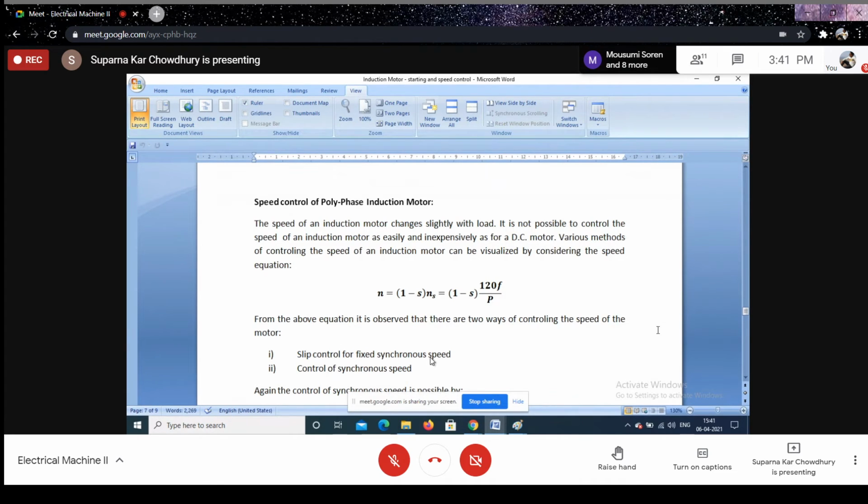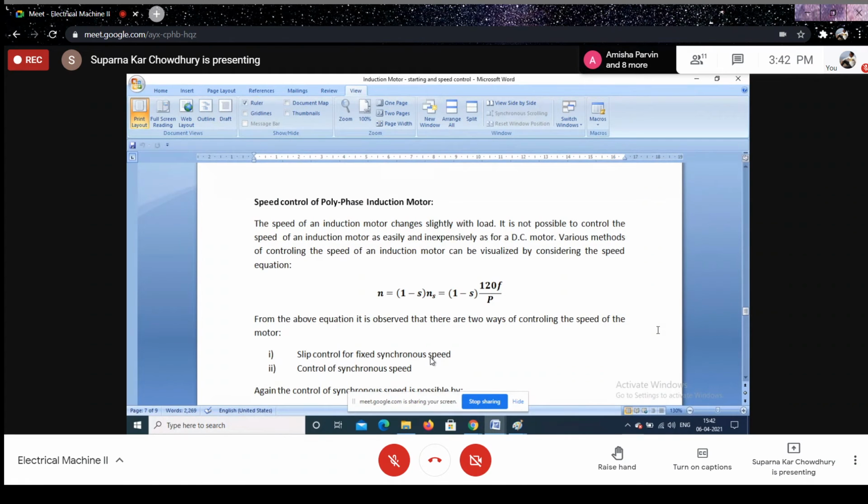Induction motor speed control requires very complex, elaborate circuitry, and that is only possible with power electronic circuits. As you have not studied power electronics, this portion will be dealt with in the drives class. What I will just explain is the basic principle of speed control of the induction motor.